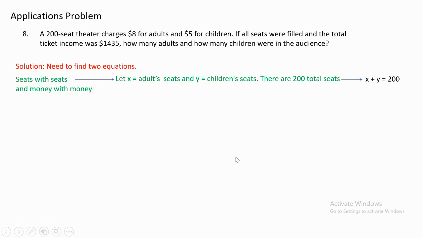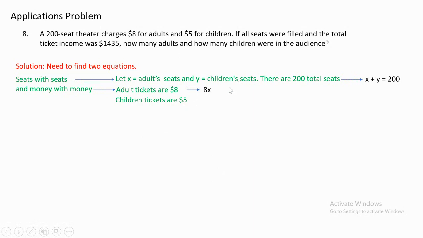That's equation number one. For equation number two, we're going to keep the same variables for adults and children, but now we're going to do money with money. So adults are $8, so this is going to be 8x. Children's tickets are $5.